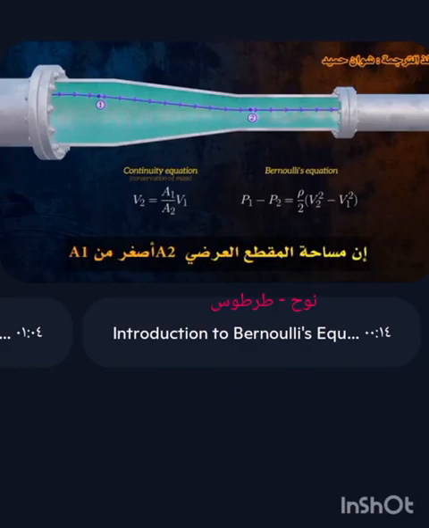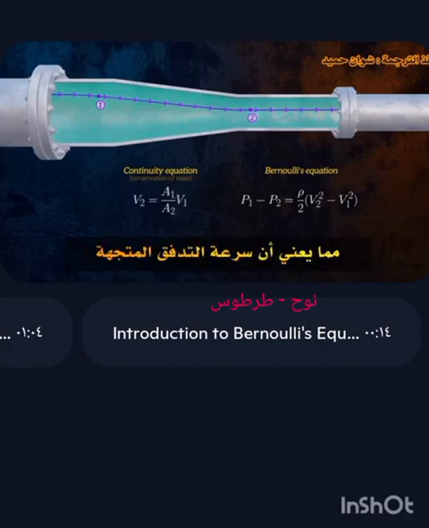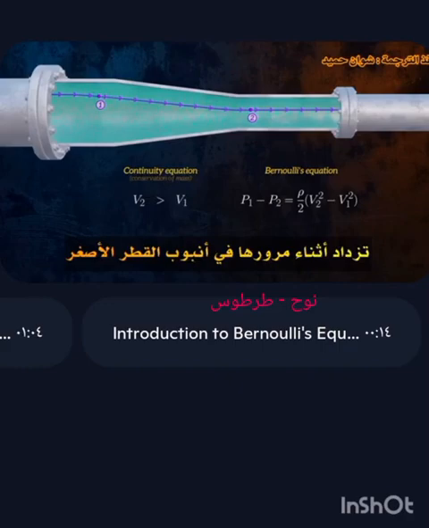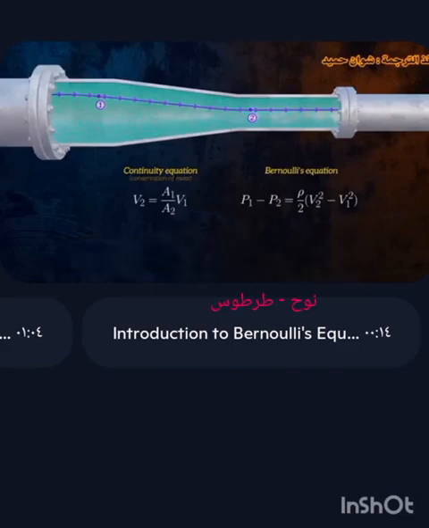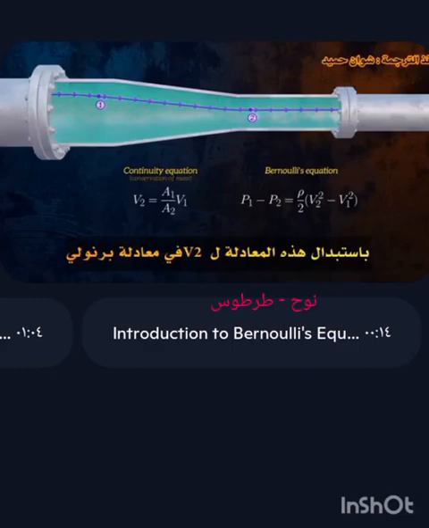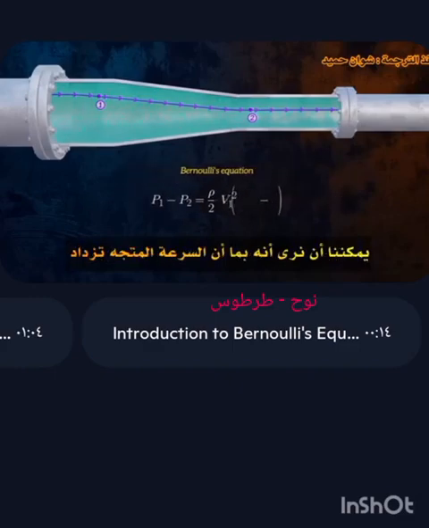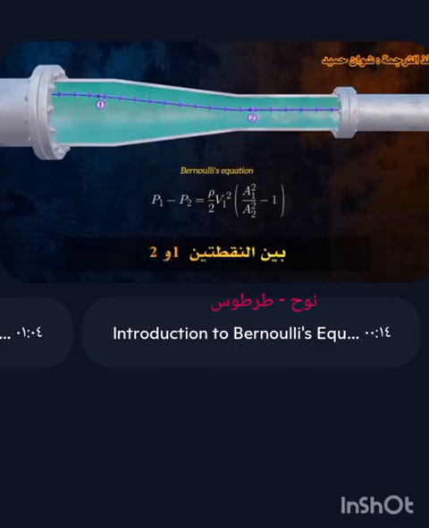The cross-sectional area, A2, is smaller than A1, which means that the velocity of the flow increases as it passes into the smaller diameter pipe. This is quite intuitive. By substituting this equation for v2 into Bernoulli's equation, we can see that since the velocity increases between points 1 and 2, the pressure between both points must decrease.